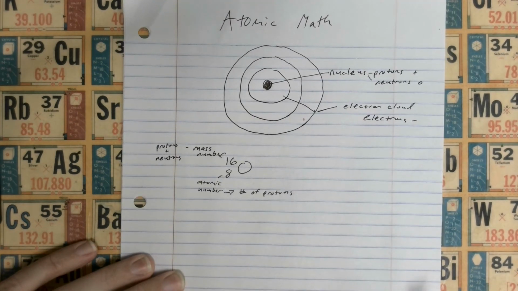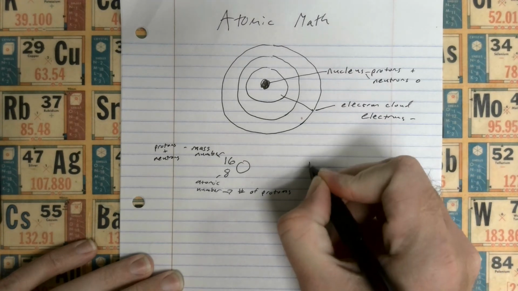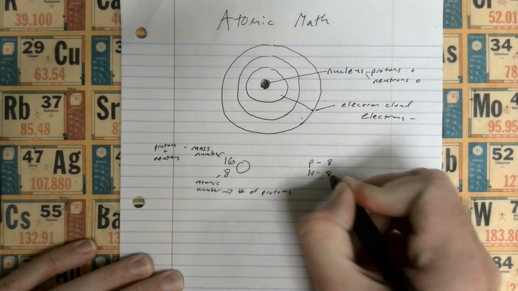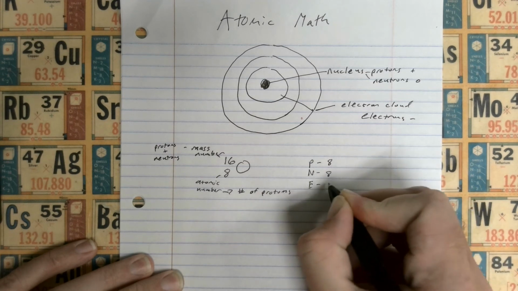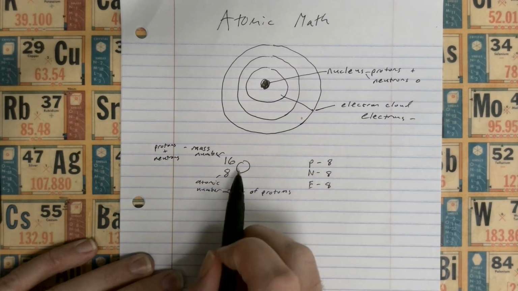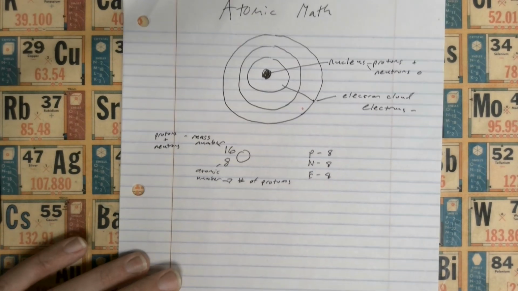So in this case, the protons are 8, the neutrons are 8, and the electrons are 8 as well for this particular atom.